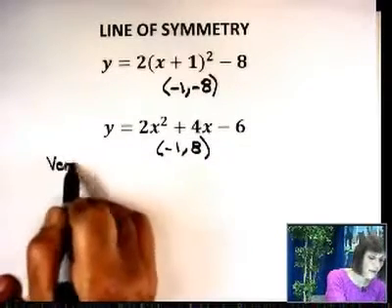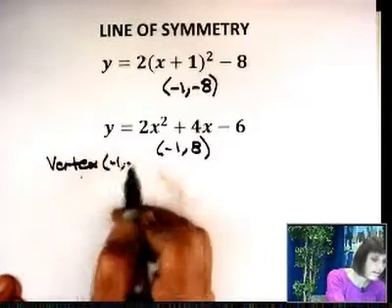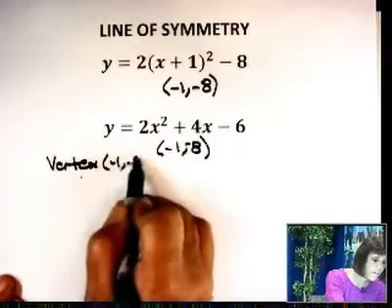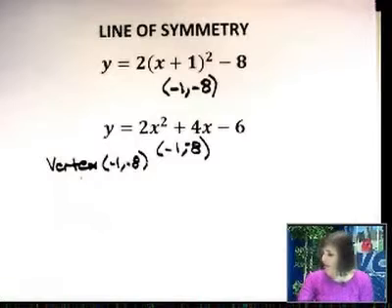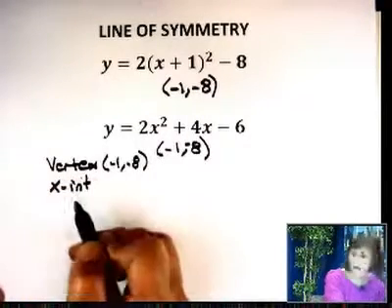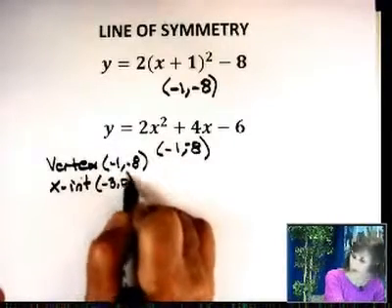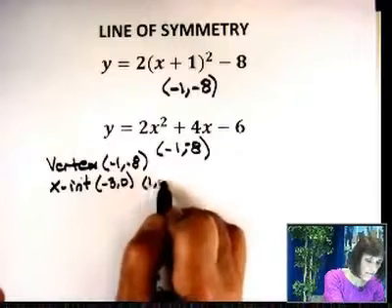I'm looking for a parabola with vertex at (-1, -8). And I'm putting it together. The x-intercepts of (-3, 0) and (1, 0).